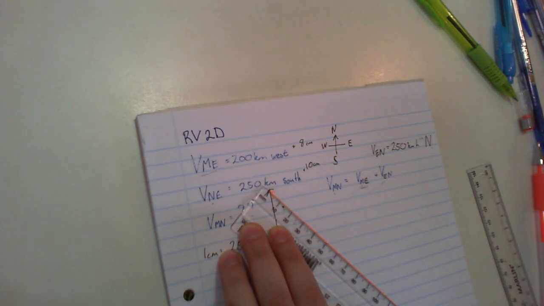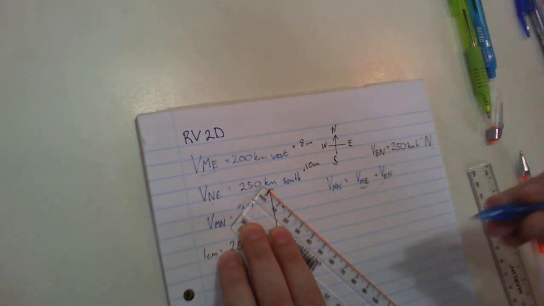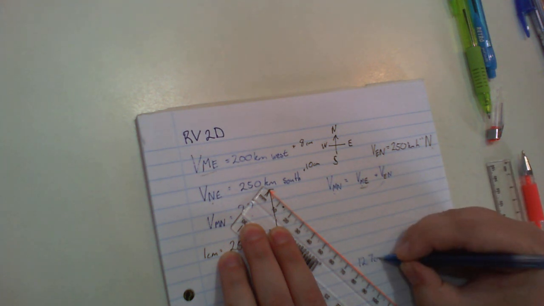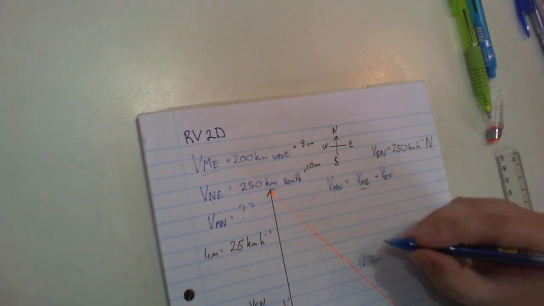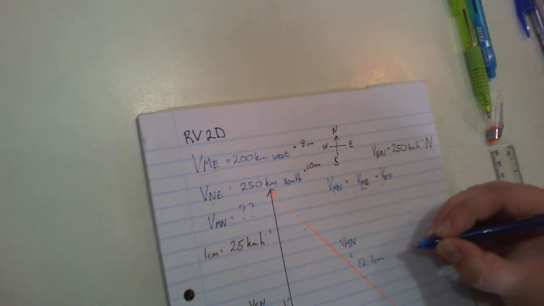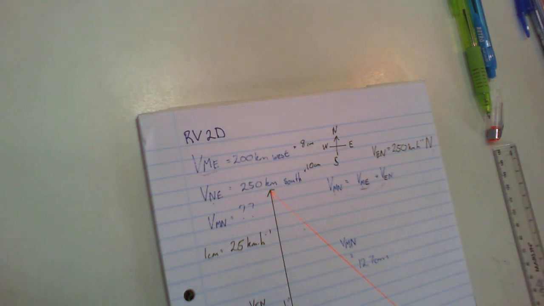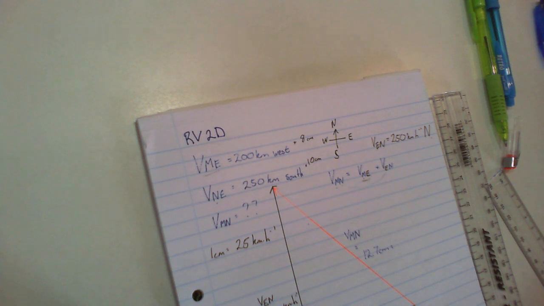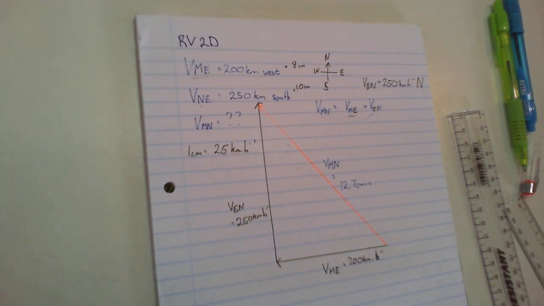Okay, so this length is 12.7 centimeters. And this is the velocity of M relative to N. What is 12.7 centimeters, you ask? We have to times that by 25 to find our speed, because that's actually what we're asking. Are we asking how long the line is? No, we're asking how long the speed is.